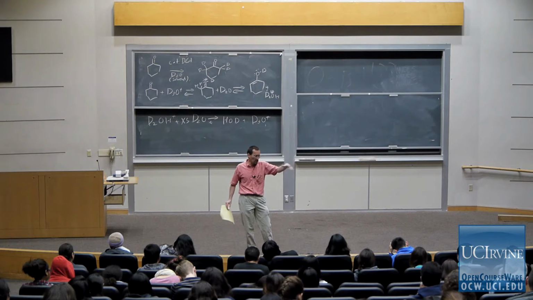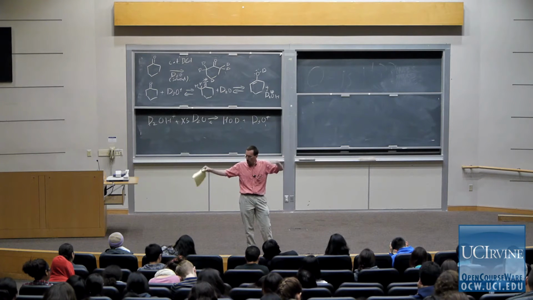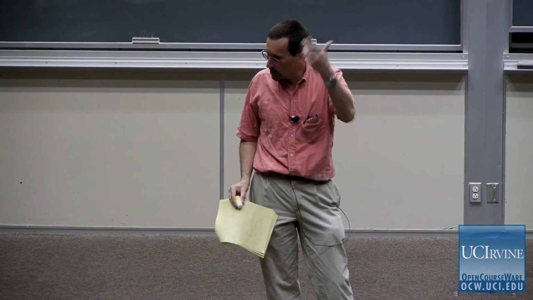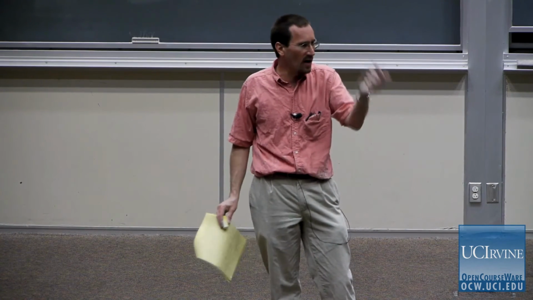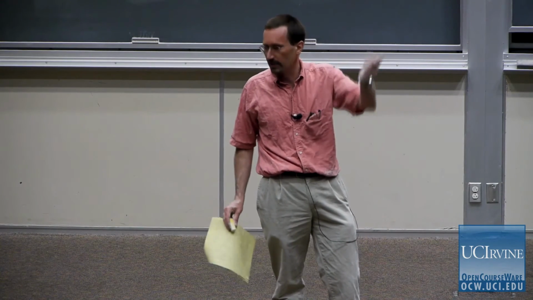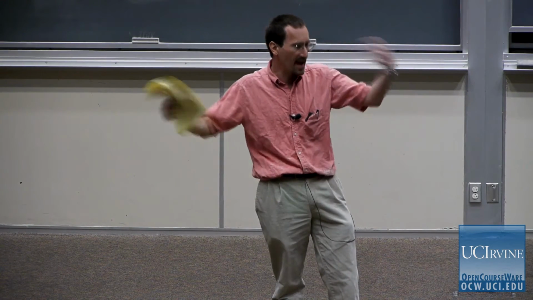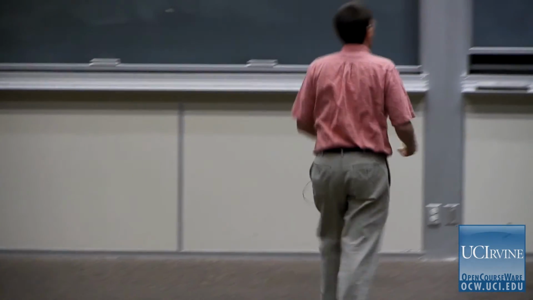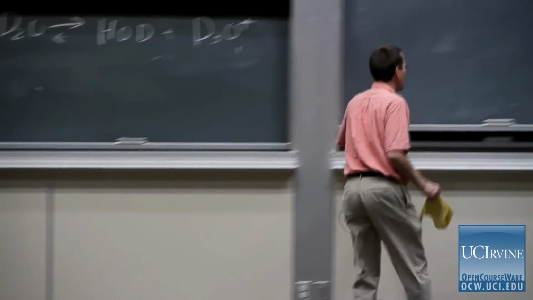If I do a reaction with 55 molar D2O and I have a 1 molar solution or a 1/10 molar solution of ketone, as my protons go in, I get this little bit of HOD in this mass of D2O and D3O plus.